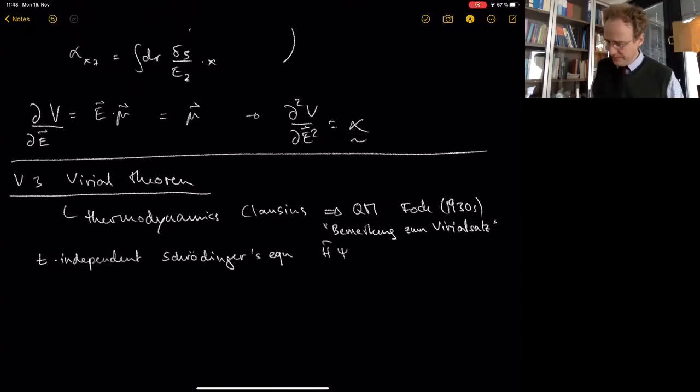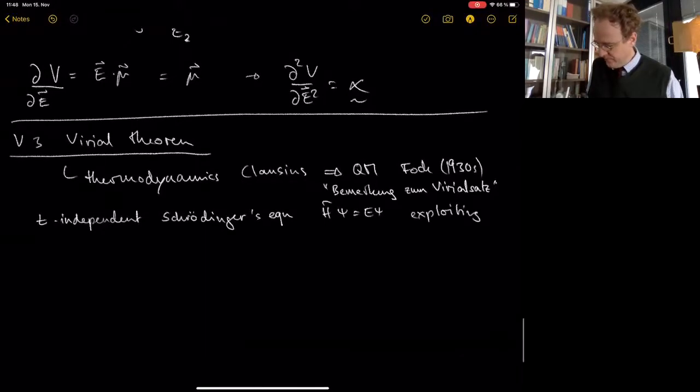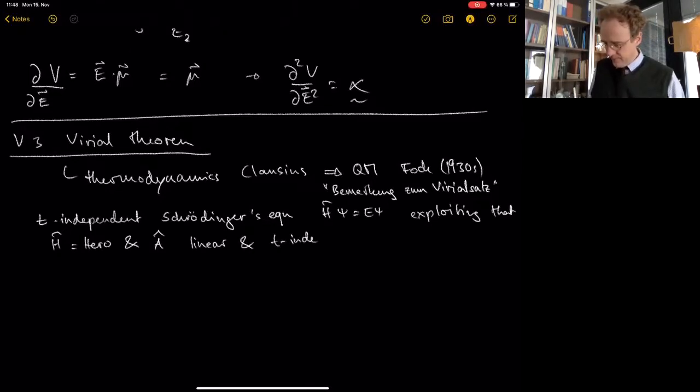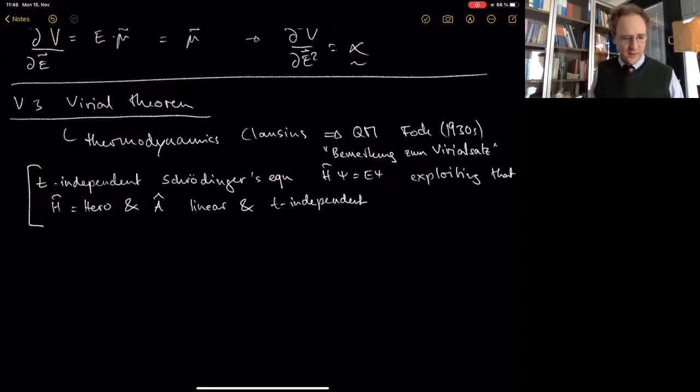That is H psi equals E psi, and assuming or exploiting that our Hamiltonian is Hermitian, and the operator A being linear and also time independent. Okay. So the principle results from simple commutator relationships. So we exploit the commuting properties of Hermitian operators.